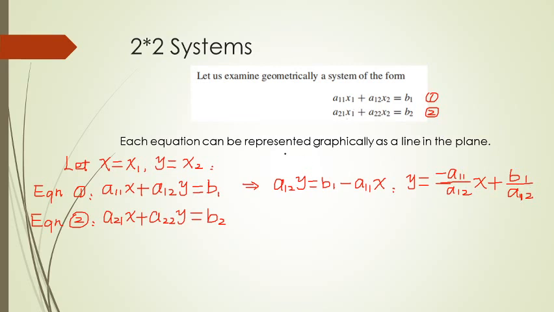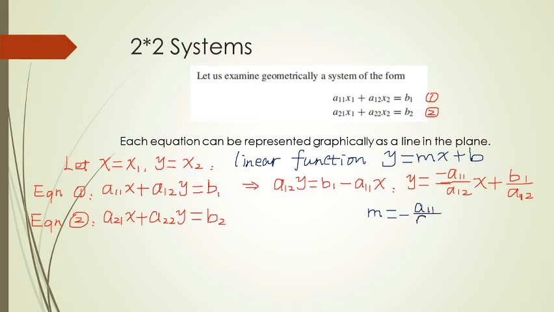So if we check the linear equation or linear function, y equals mx plus b, what is my slope? Here the slope is minus A11 over A12. What is the intercept? What is b? b equals B1 over A12.